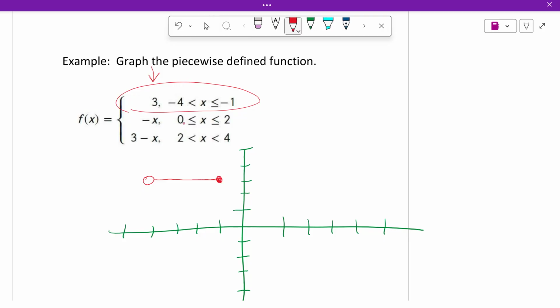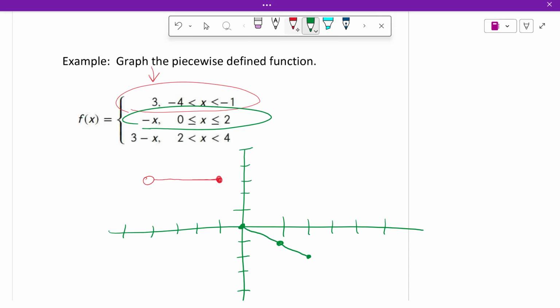And then at 0, we stick the 0 in and we get 0. So let's do this one in green. At 0, we're going to get 0. At 1, we're going to get negative 1. At 2, we're going to get negative 2.